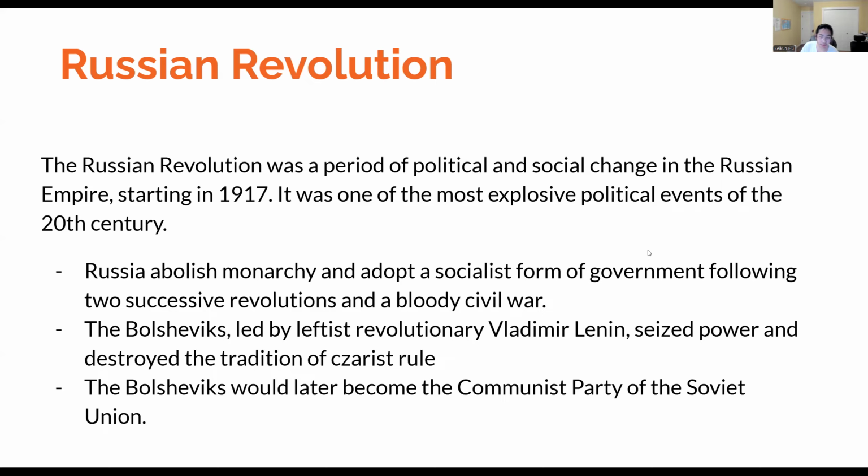This period saw Russia abolish its monarchy and adopt a socialist form of government following two successive revolutions and a very bloody civil war. So the Russian Revolution can be seen as a precursor for other European revolutions that occurred in the aftermath of World War One, such as the German Revolution of 1918 and 1919. This one was one of the most explosive political events of the 20th century, right?